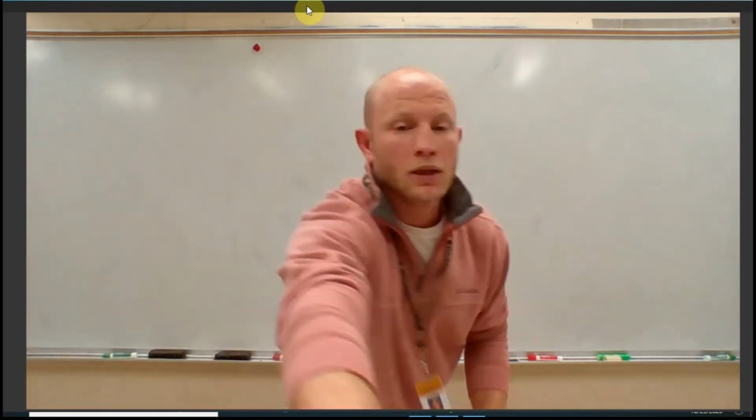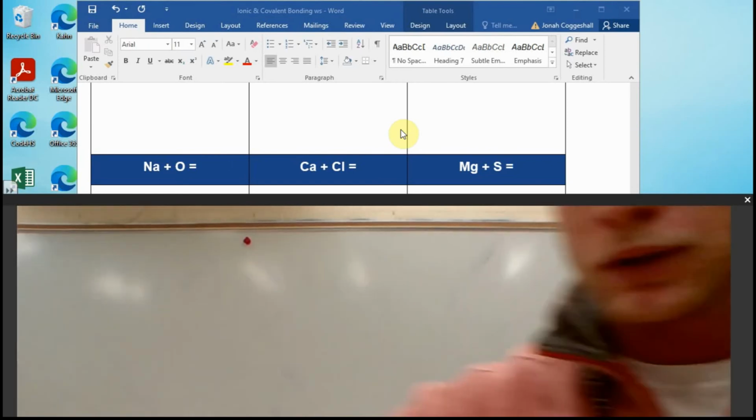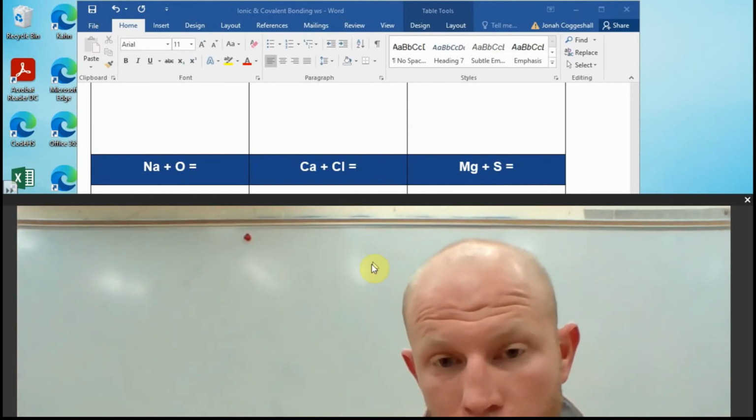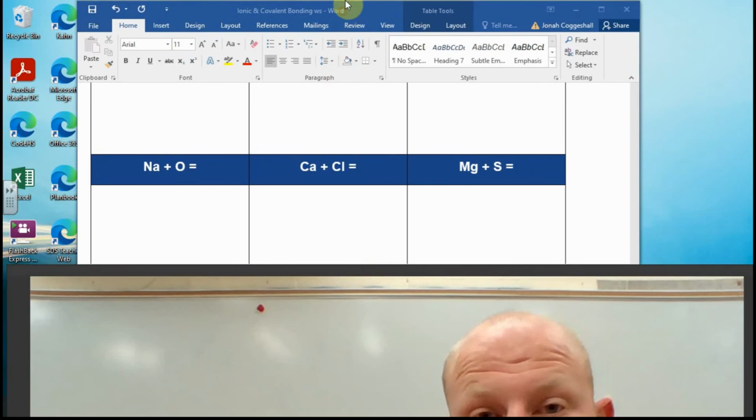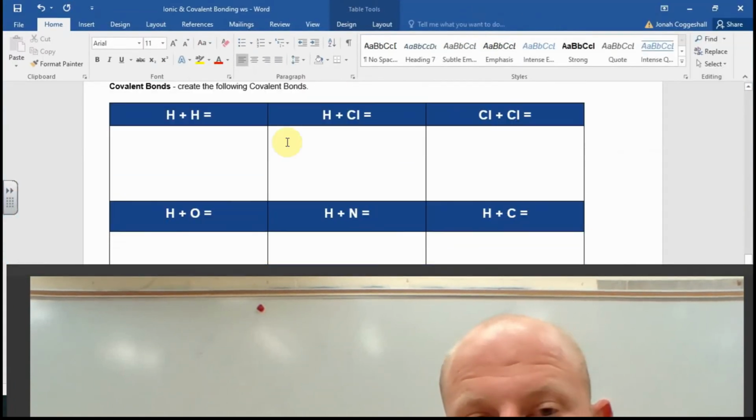So if you go to the next page, we scroll down. Okay, we're going to do these ones together: hydrogen to hydrogen, hydrogen to chlorine, and chlorine to chlorine.